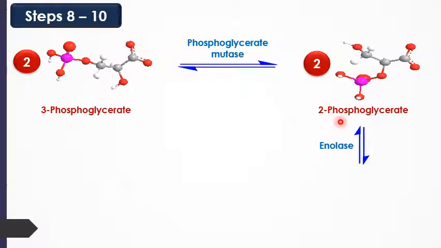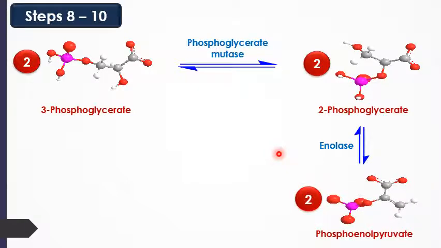This 2-phosphoglycerate compound will convert into the phosphoenol pyruvate compound by releasing a molecule of H2O and creating a carbon-carbon double bond.